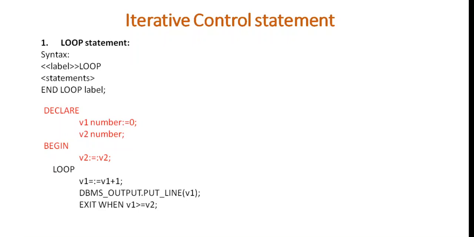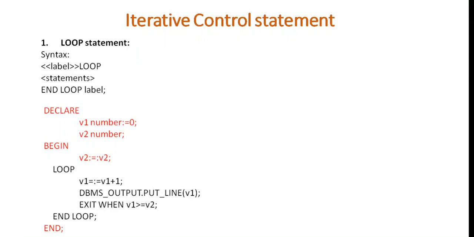Means we are here printing the value of the v1 variable a number of times equal to the user-defined value, that is, we are printing a series of values. Then the end loop statement is there, and the end of the PL/SQL block. Now here v1 is initialized to 0, and inside the loop we are incrementing the value of v1, so we are going to print the value of v1 starting from 1 up to the user-defined value.